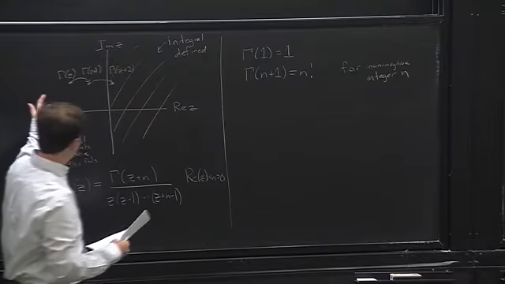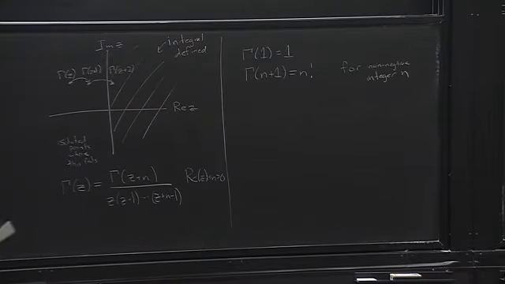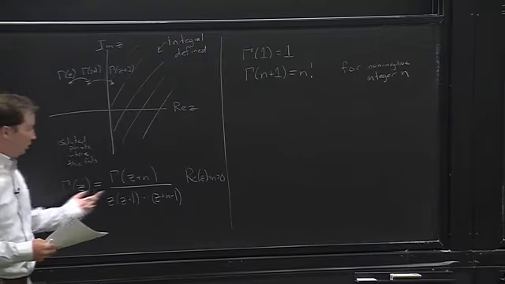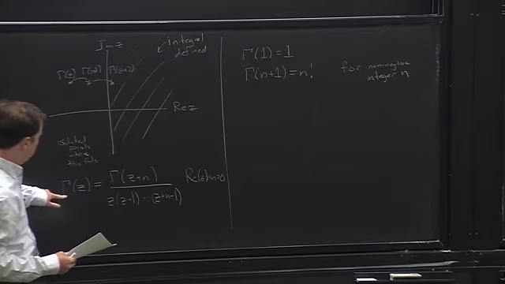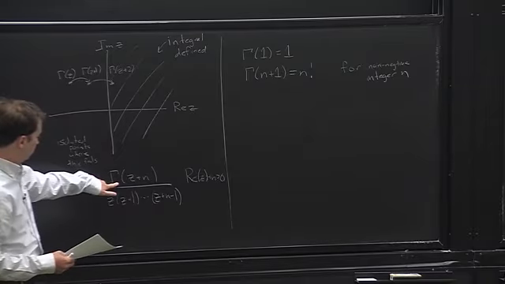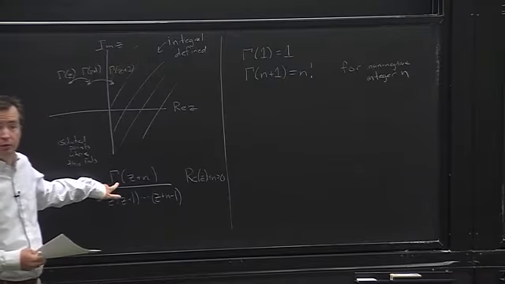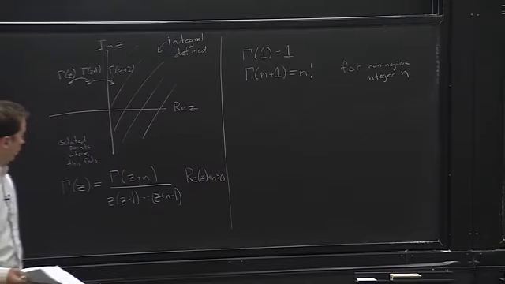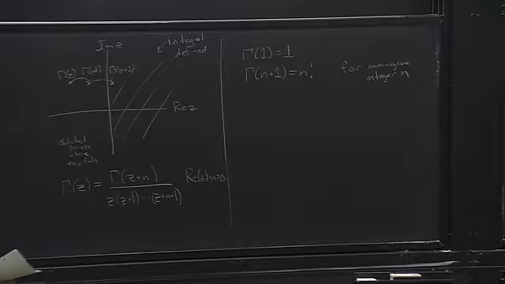So we just iterate, using this functional relation n times. We can relate gamma of z for negative real part to some gamma function with a positive real part of the argument.